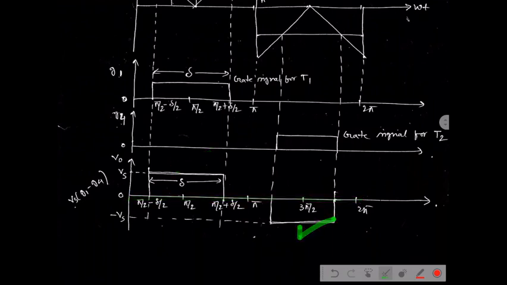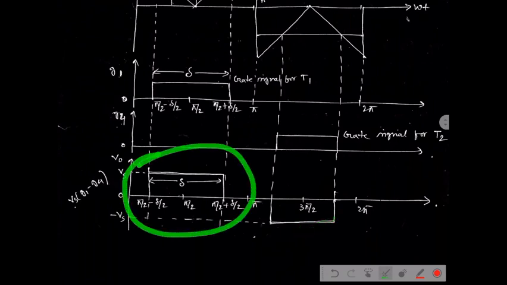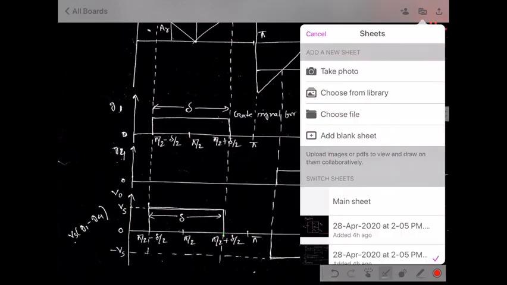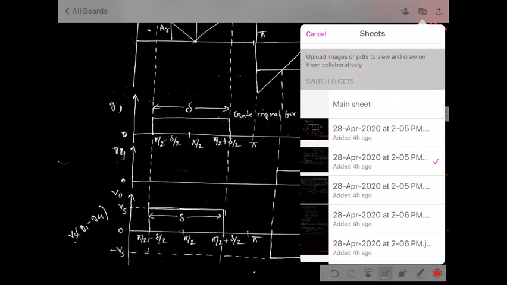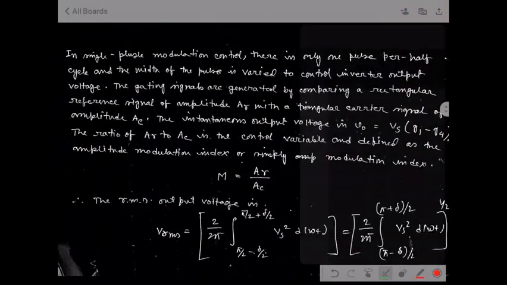That means 2 peaks, and these peaks are confined to the region from pi by 2 minus delta by 2 to pi by 2 plus delta by 2. So we can easily calculate the RMS value, as it is a periodic signal, in this way.